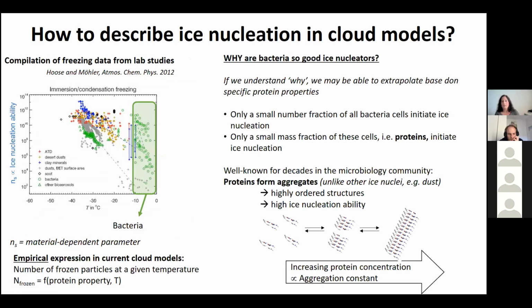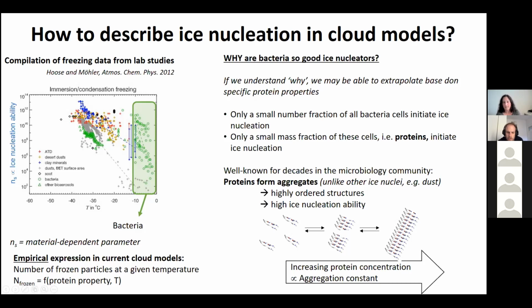It's fairly well known that it's not the full bacteria cell that freezes, but it's really protein molecules that initiate the freezing. And only a small number of all bacteria cells initiate ice nucleation, because they might have these special proteins. From the microbiology community, it's fairly well known that proteins form aggregates, unlike other ice nuclei, for example a dust particle.